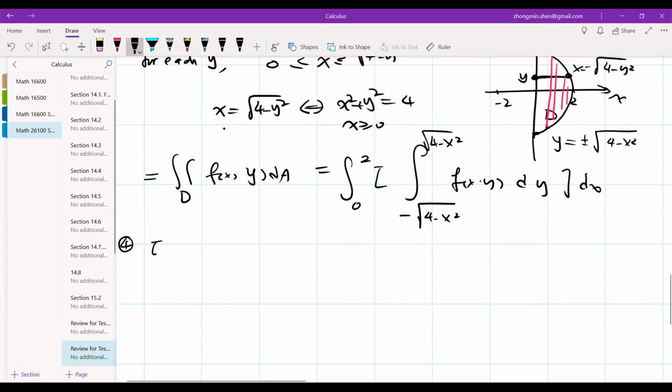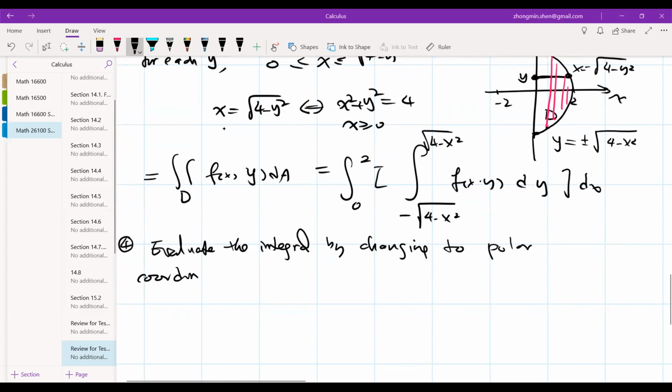evaluate the integral by changing to the polar coordinate. Okay.